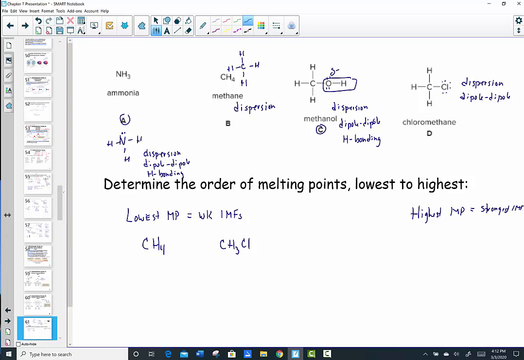We go by molar mass. Who's the heavier compound, right? So the dispersion forces will increase with the mass. So here's a carbon, 12, hydrogen, there are 4 of them there, and oxygen is 16. That molar mass is 32 grams.